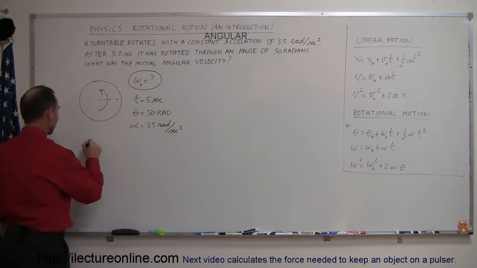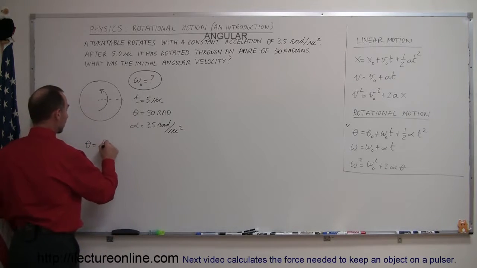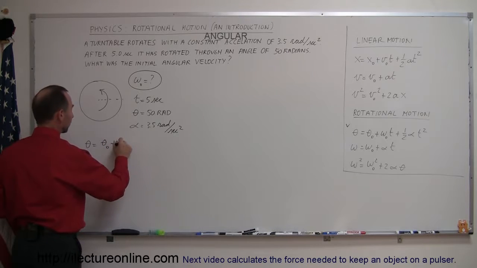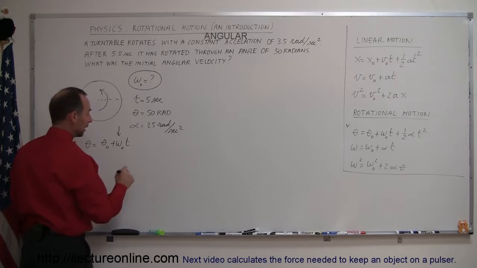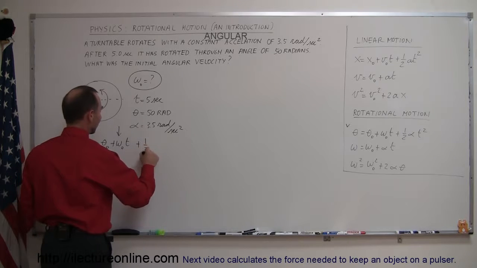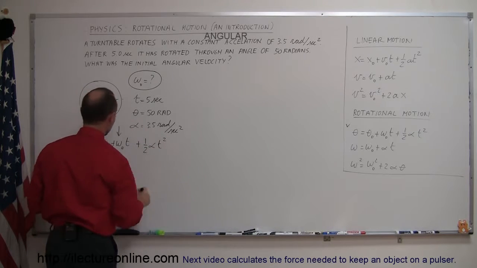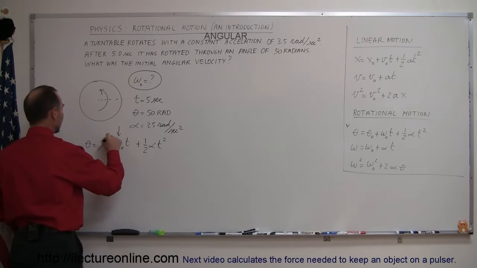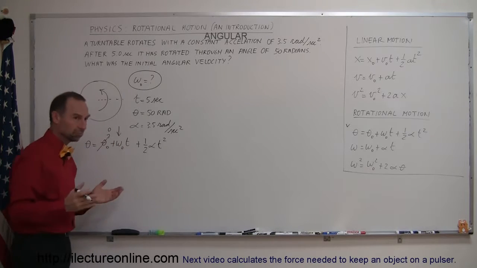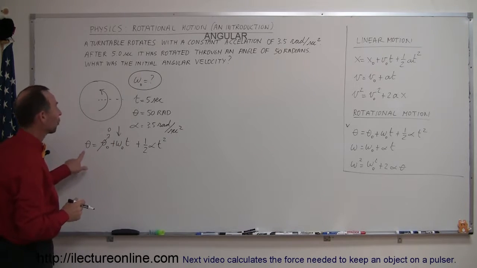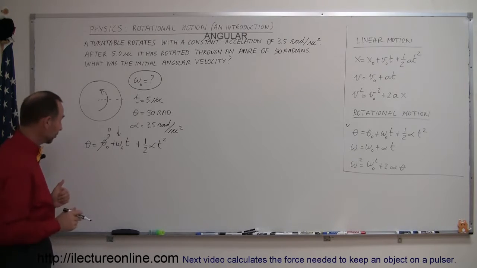Let's try it. So we have theta is equal to theta sub naught plus omega sub naught t. This is the variable that we're looking for. Plus 1/2 alpha t squared. And assuming that we start from theta equals 0, we can do that, and this is the total distance covered, 50 radians. I think we're in business. Let's now put some numbers in there.